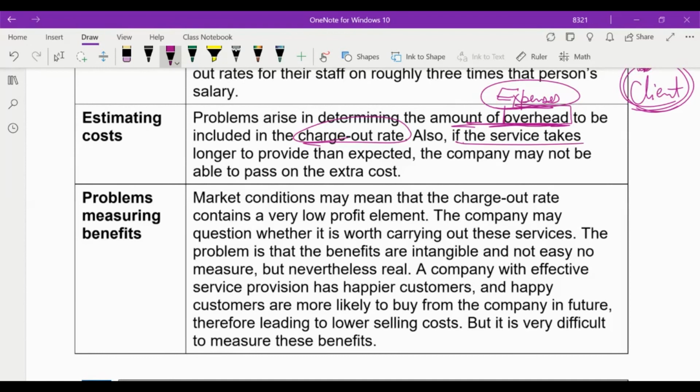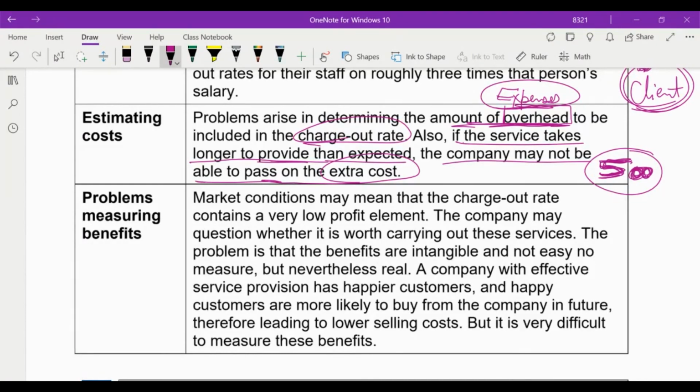Also, if the service takes longer to provide than expected, the company may not be able to pass on the extra cost. This is a challenge. For example, you're charging 500 for installation of a television. This installation may cost more if the infrastructure is not that good, or you have to make extra fittings, extra screws, extra arrangements.